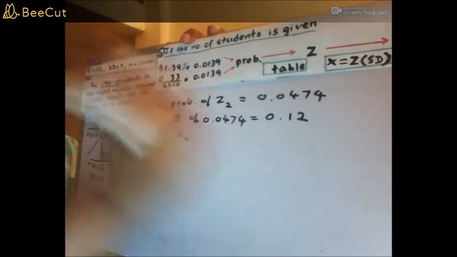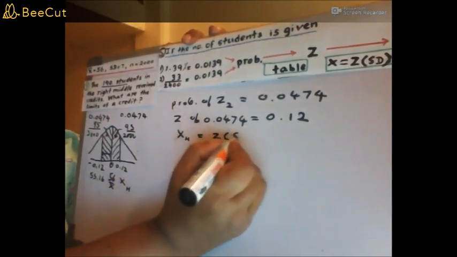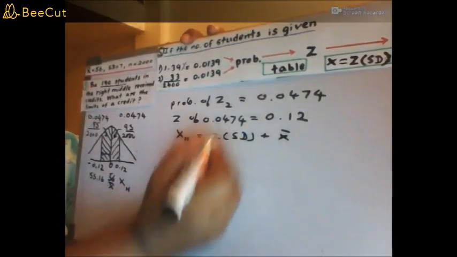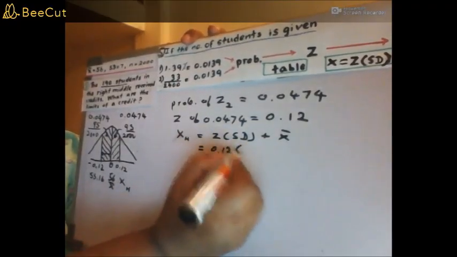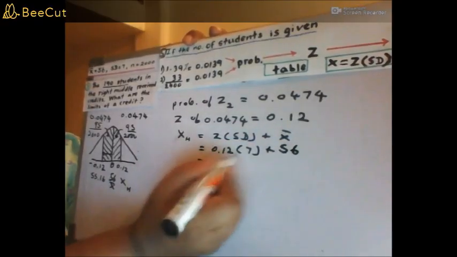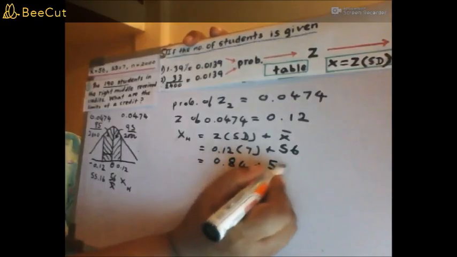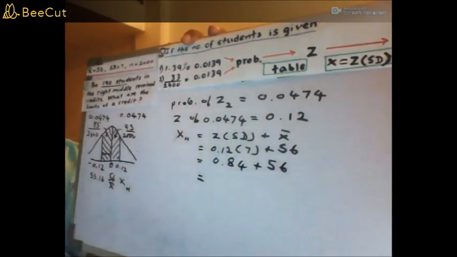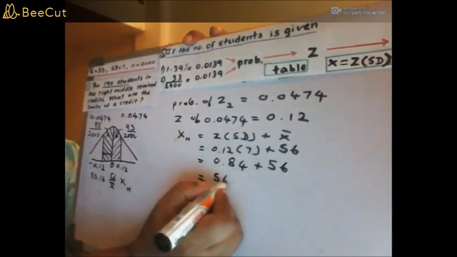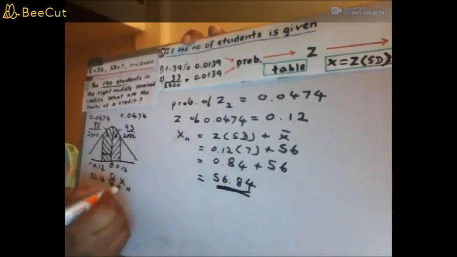Upper limit XH equals Z into SD plus X bar. So Z is 0.12 times 7 plus 56. So here once again 0.84 plus 56. The answer is 56.84. That's the upper limit of the credit cards.